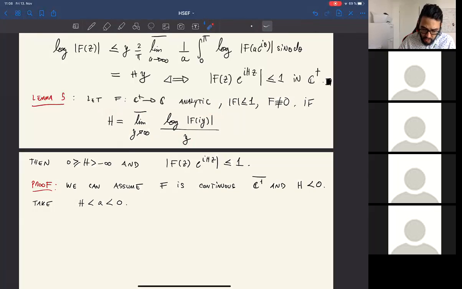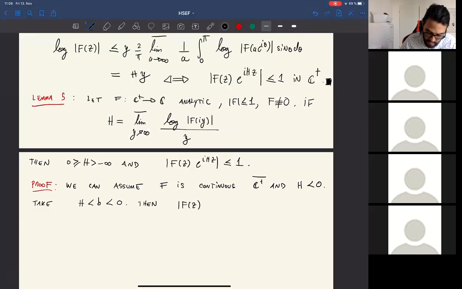Since I'm taking the lim sup and a is something slightly larger than this lim sup, I do have the following. We do have that f(z). Oh, I'm not going to take a. Let me take b.